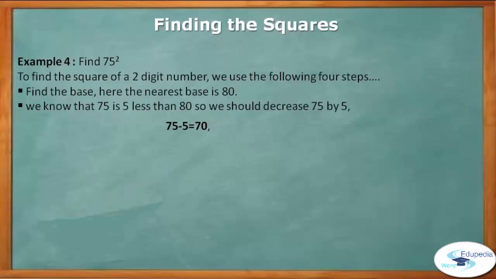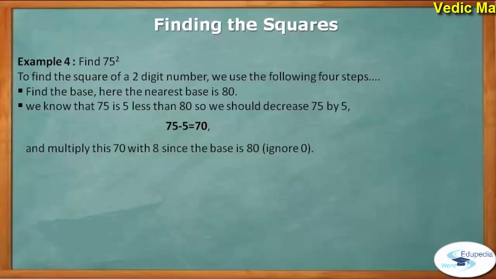Now we have to multiply the number 70 with the number 8. Why? Because the base we have got is 80, and by ignoring the 0 we multiply 70 with 8. So by multiplying 70 into 8 you will get 560, and we keep this 560 as our left part of the answer.